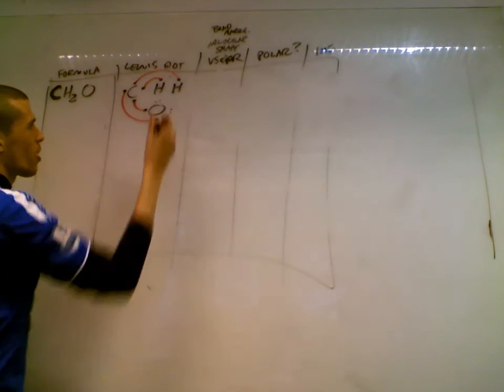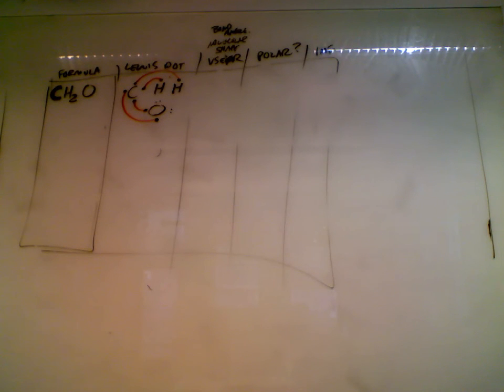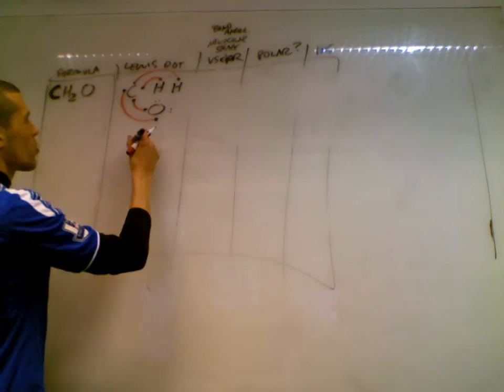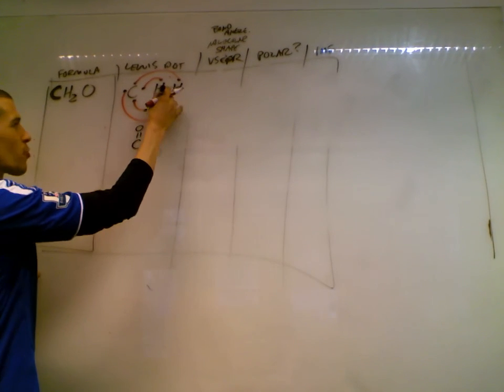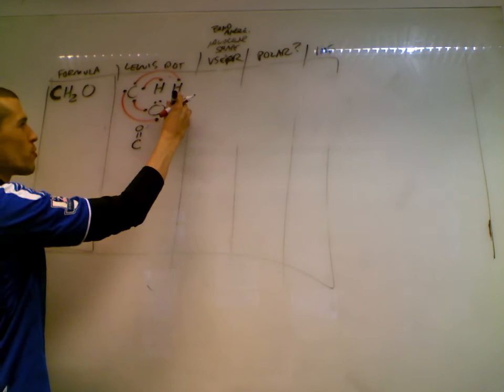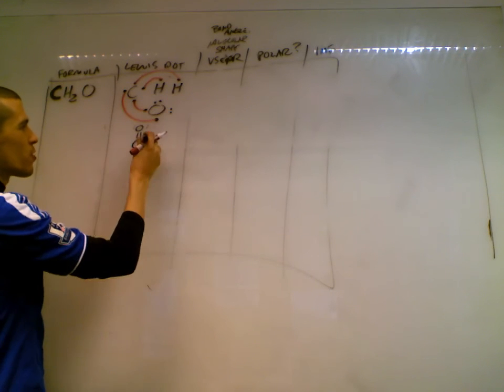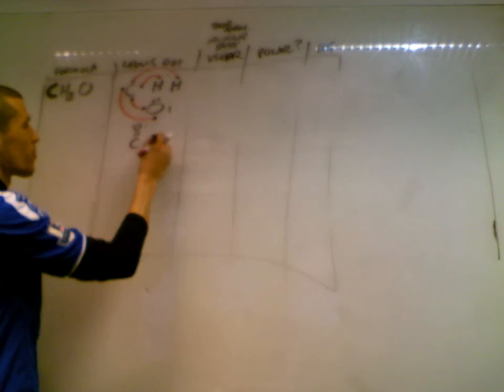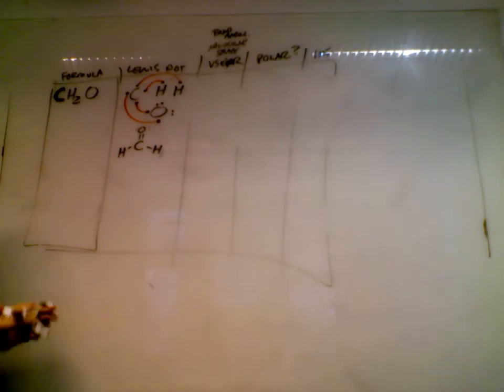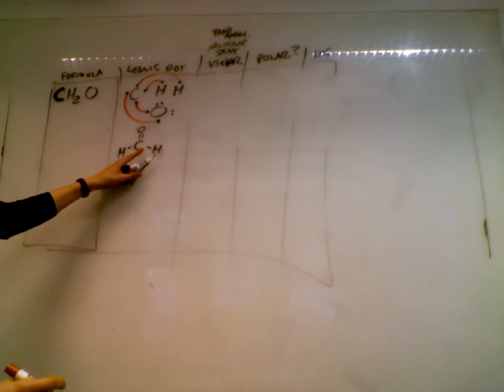Like that. So you see that it's going to be a double bond there. So I'll write this out like this, with the 2 dots. This is critical. You will lose points if you do not put these dots.